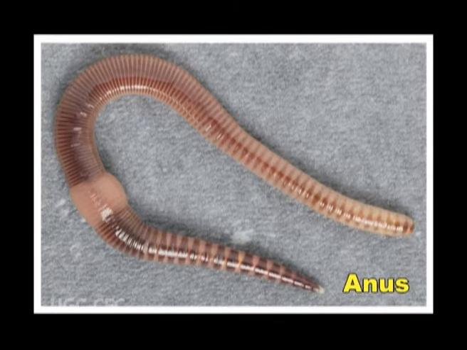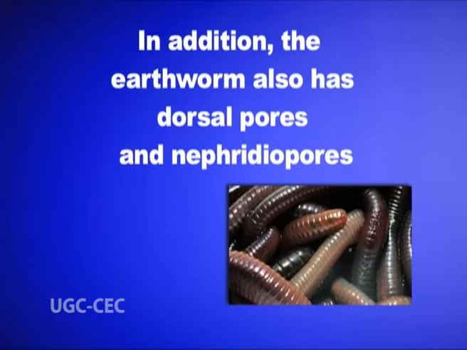The prostatic fluids and spermatozoa come out through these openings during copulation. Anus. The last segment of the body has a slit-like opening known as anus. In addition, the earthworm also has dorsal pores and nephridiopores.